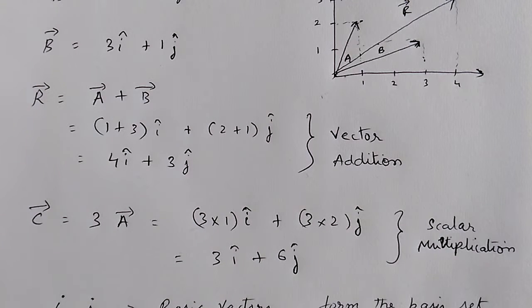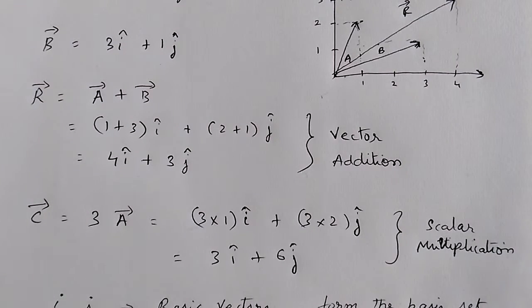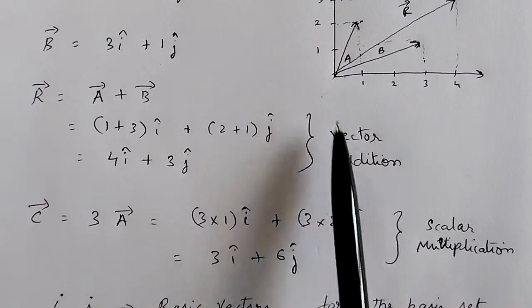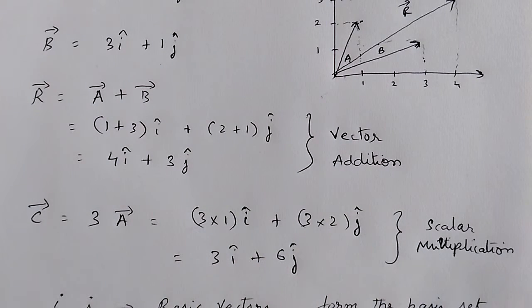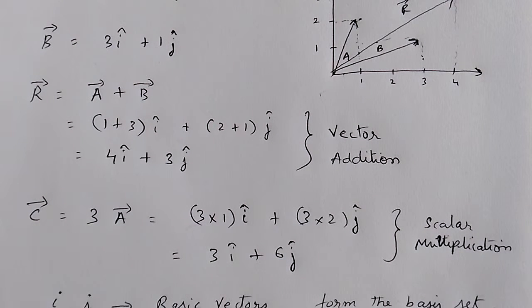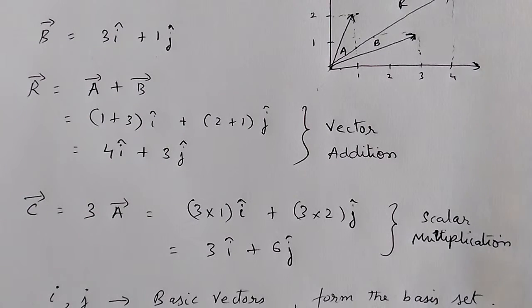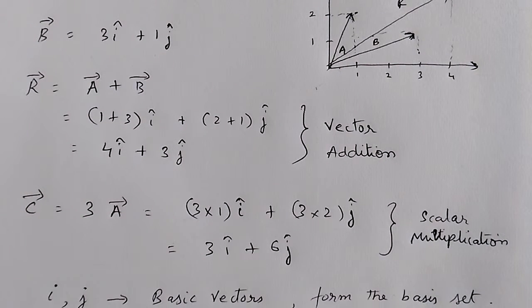Each component gets multiplied by that number. So vectors follow these two properties, vector addition and scalar multiplication. And if there are other things that follow the same properties, we can call them vectors as well. We'll see soon what they could be.